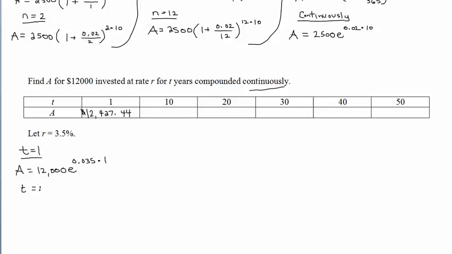All right, what if your number of years was 10? So if you can give up $12,000 for 10 years, let's see what your $12,000 will do in that amount of time compounding continuously.